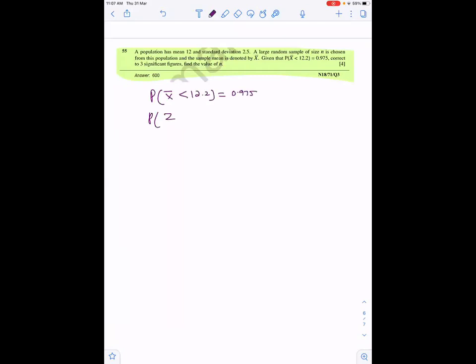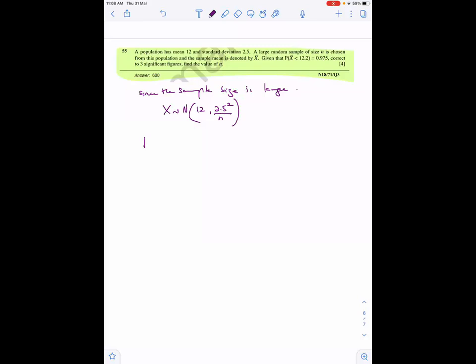If you standardize this, first you should write down the statement: since the sample size is large, X bar can be approximated to normal distribution, mean is 12 and standard deviation is 2.5, so variance would be 2.5 square upon the value of n. We don't know the value of n here.